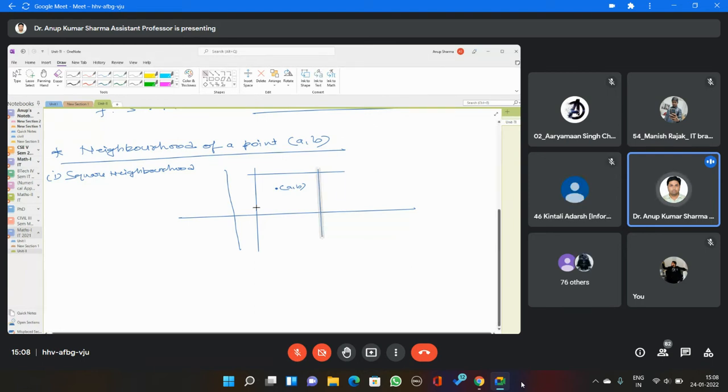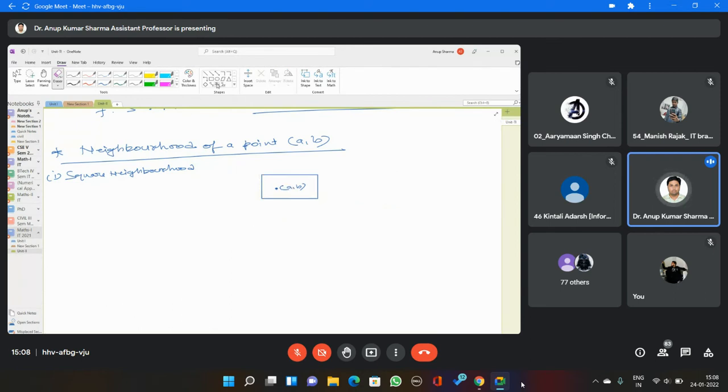And one more. Okay, I'm drawing approximately. This is the point here only. Better to write this one. And this is the line parallel to the x-axis. Another one is perpendicular to that, which is parallel to the y-axis.